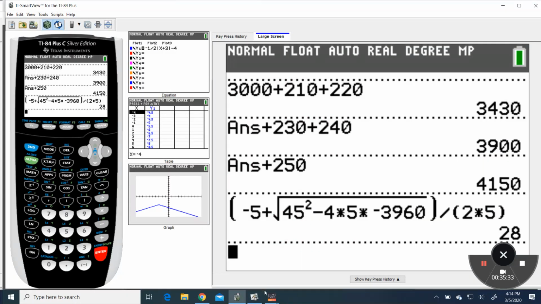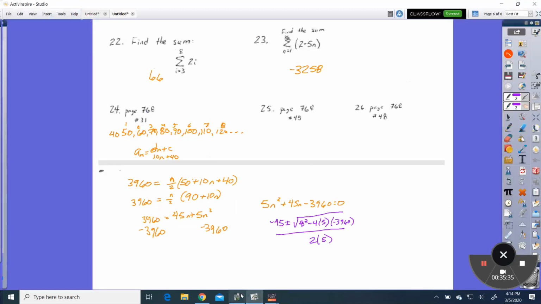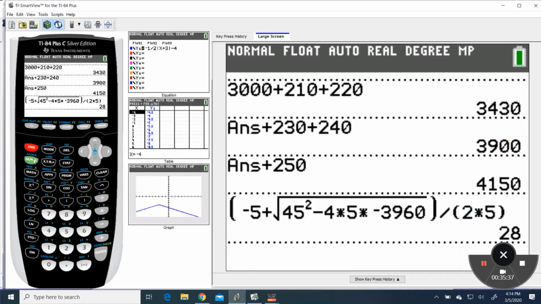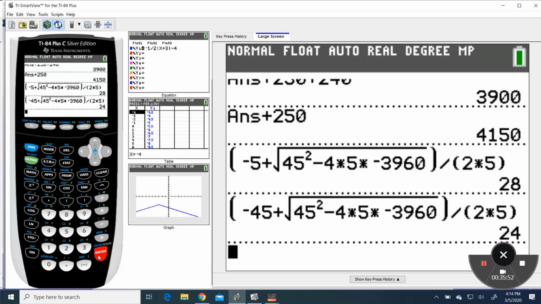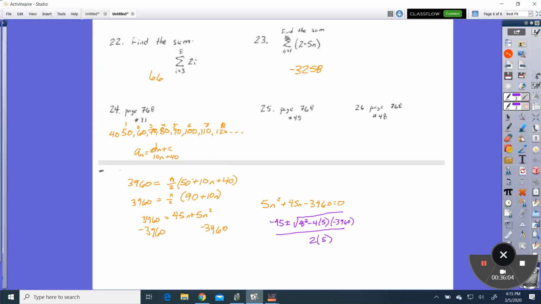So I probably typed something wrong in right here. Oh, I did. I put negative 5. So there's 24. So if you do that, it gives you what the answer is. It says 24 times is n. When you do the negative version, it comes out to be a negative number, which doesn't make sense. So anyways, that's 24.